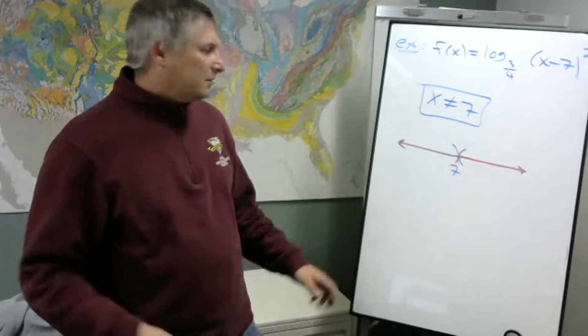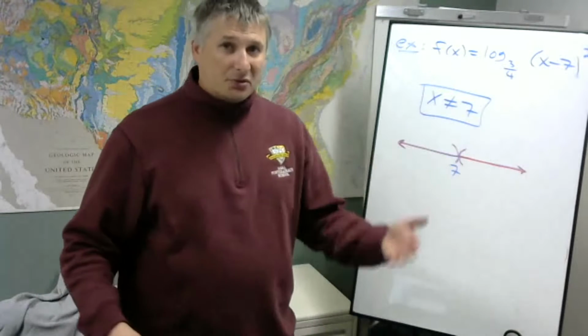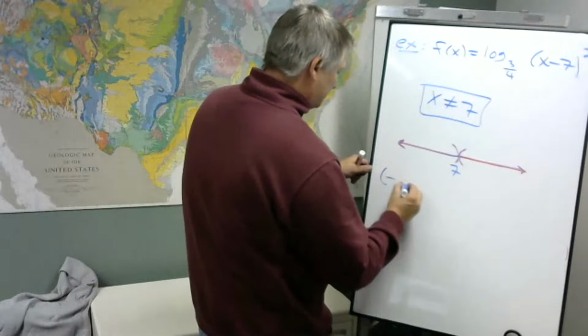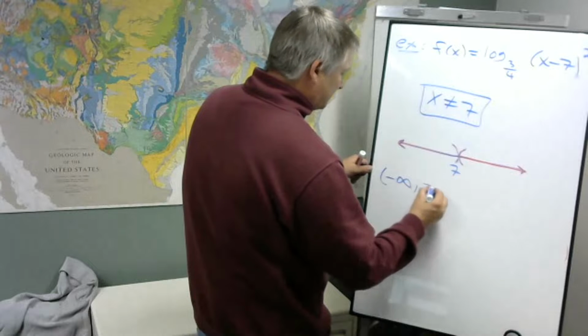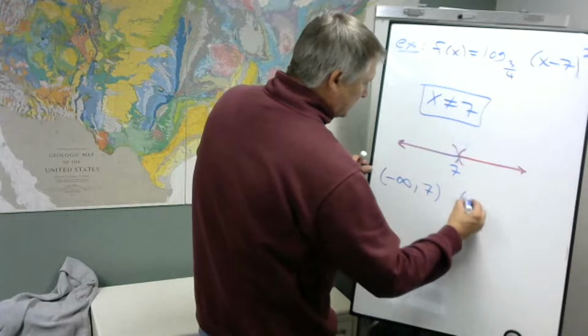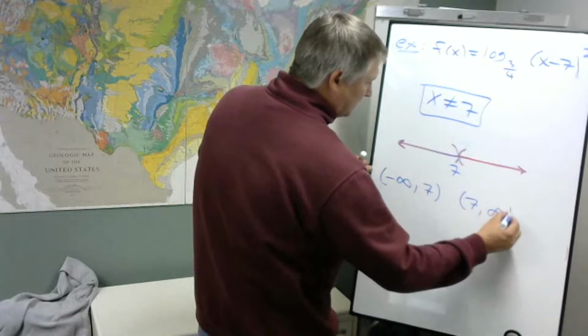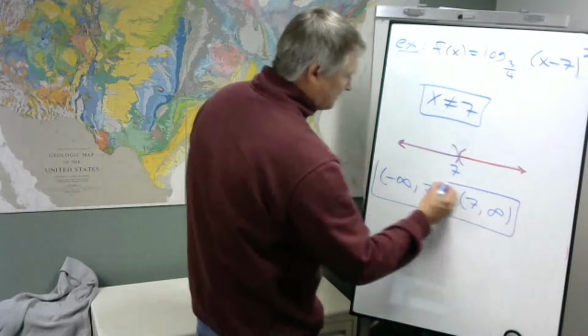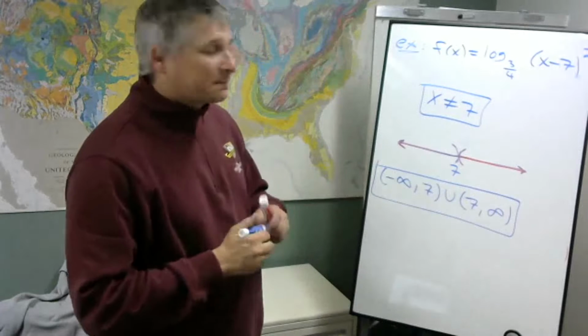Another way you'll see this written is you'll see a hole placed here, like a circle. So this interval is negative infinity to 7. This one is 7 to positive infinity. You can union those, and that's going to be your answer.